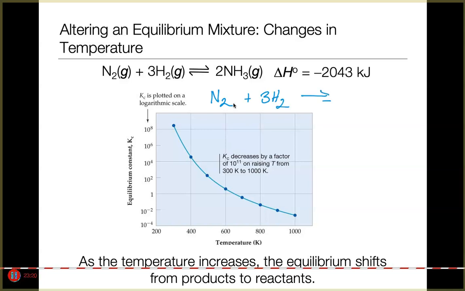So really quickly, what we can look at is kind of a cheater way to figure this one out. I'm going to rewrite the equation, but include one additional addition. It's kind of redundant. We can see that the delta H is negative, which means it's going to be exothermic, so the reaction happens and then heat is released. So I'm going to write heat on the product side because it's being released. We can pretend heat is a reactant.